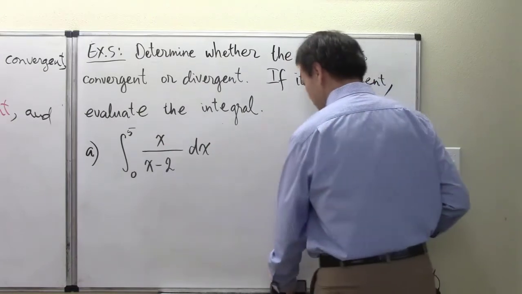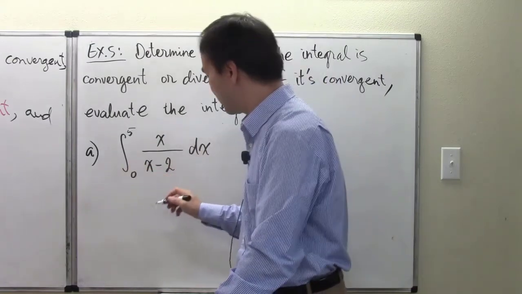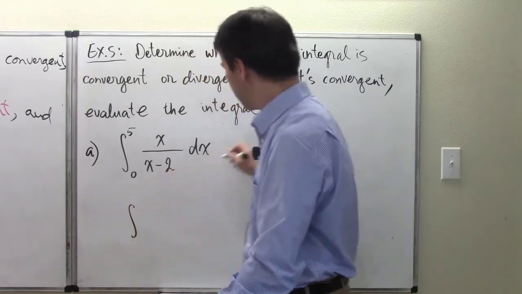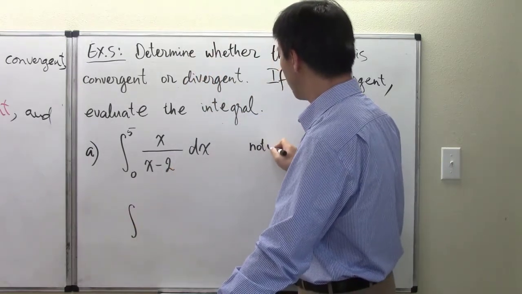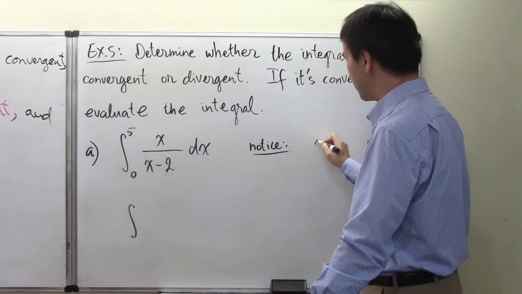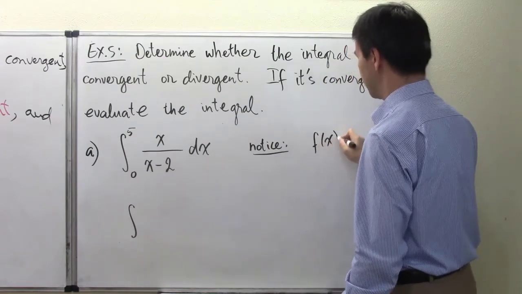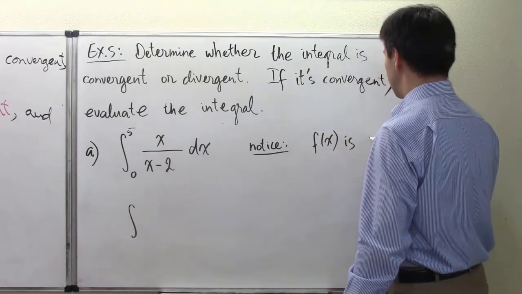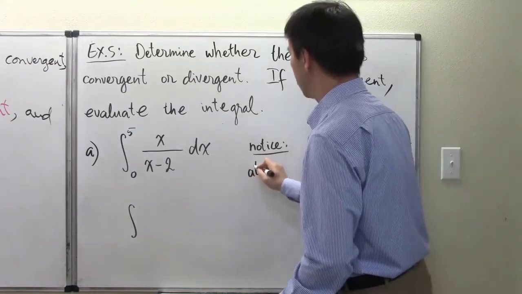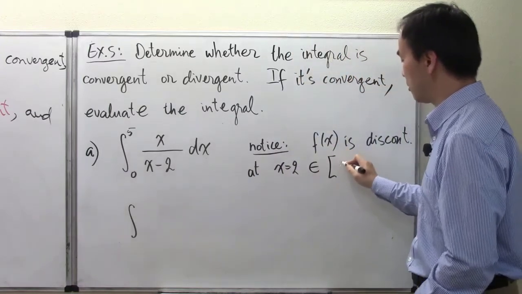Once again, I'm not making any equality here. What we notice is that the function f of x is discontinuous at x equals 2, which is right inside of the interval from 0 to 5.